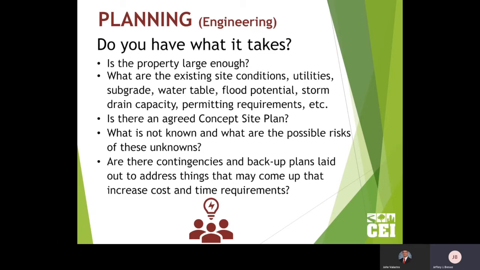Other things are sometimes underground or less easy to see, whether it's a water table or subsoils or utilities, storm drain systems that maybe are not adequate. And then another thing is permitting, like we talked about earlier. It's becoming more and more prevalent. We're going to talk more about that in upcoming webinars, but permitting can dramatically affect what you're going to do, because sometimes cities say you just have to do it if you're going to be working in the community.